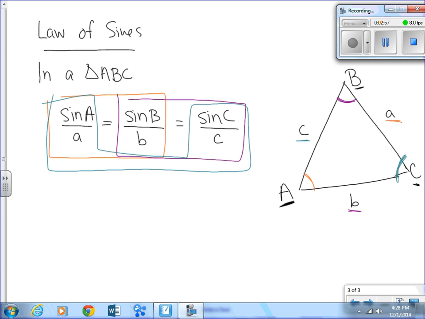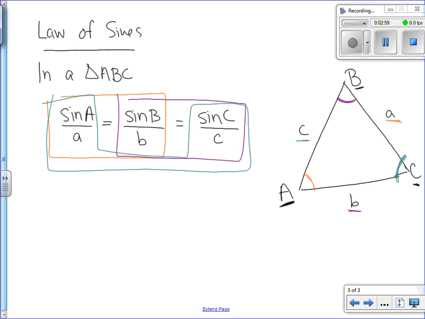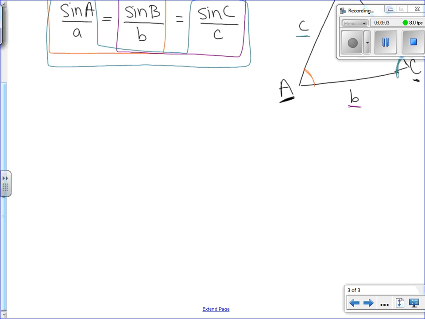Okay? And this actually can be proved pretty quick and easy using the area formula that we know for a triangle.